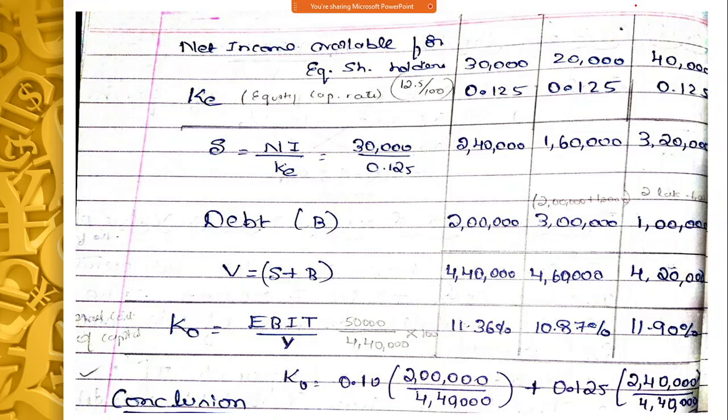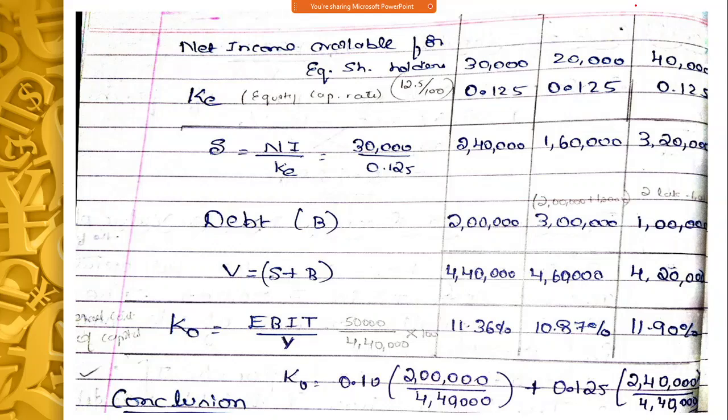So for the first one, NI is 30,000, the equity capitalization rate is 0.125, and the total value of equity shares goes up to 2,40,000. And see what has happened when the company increases the debt beyond a certain extent.